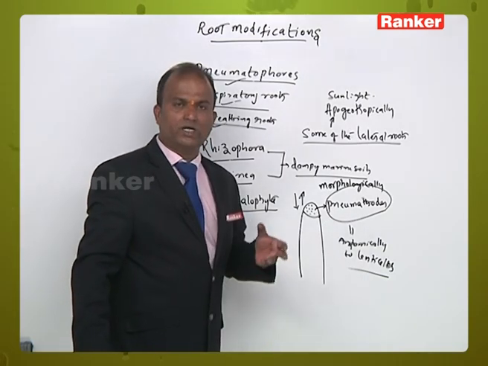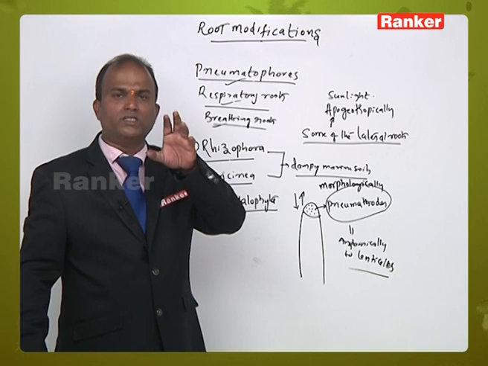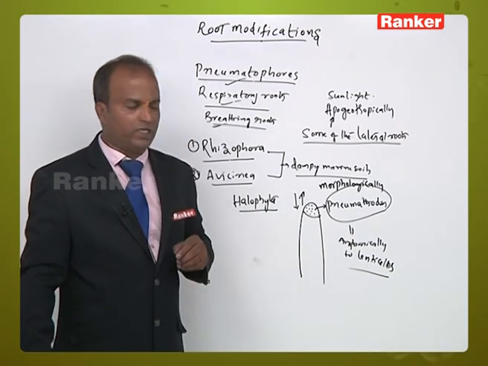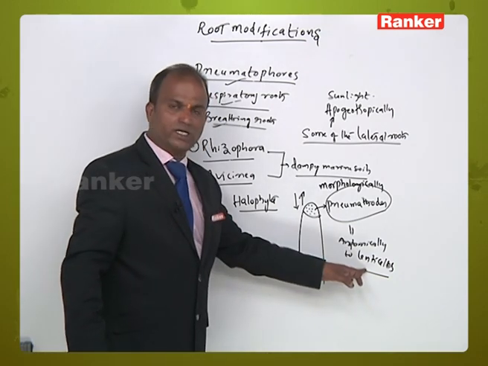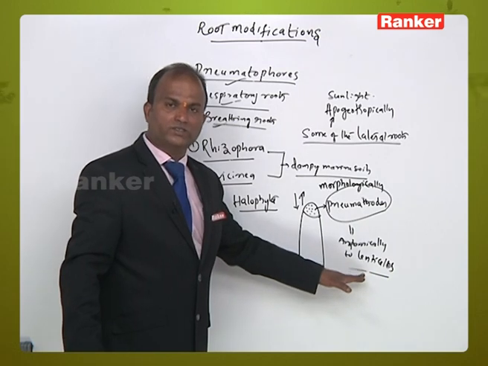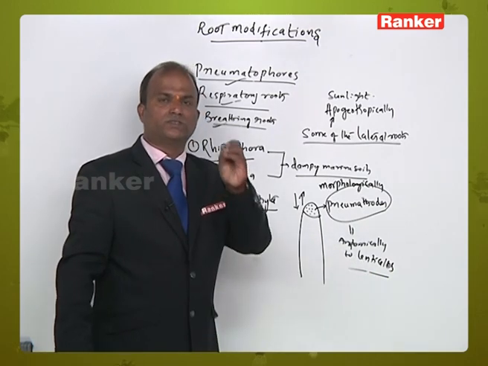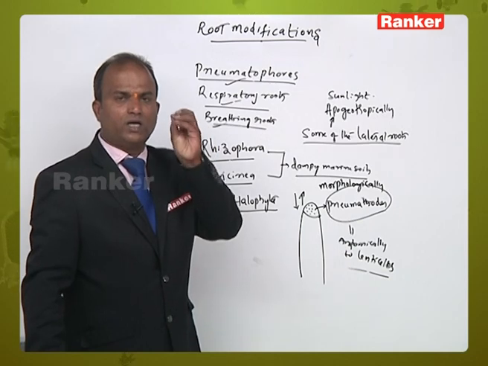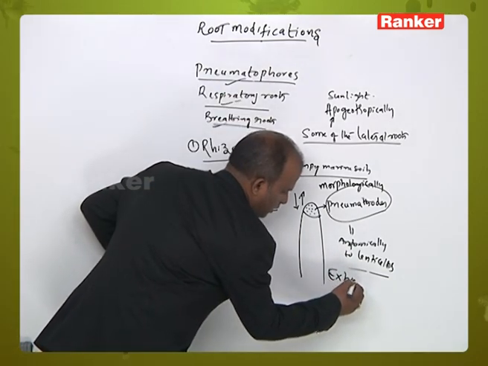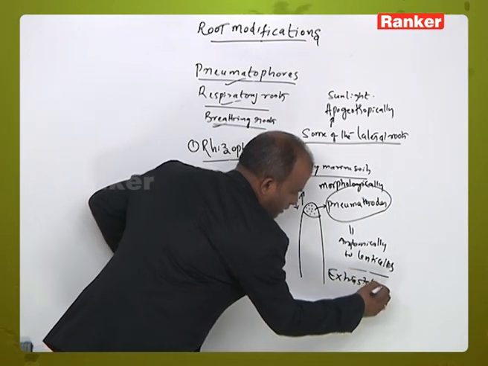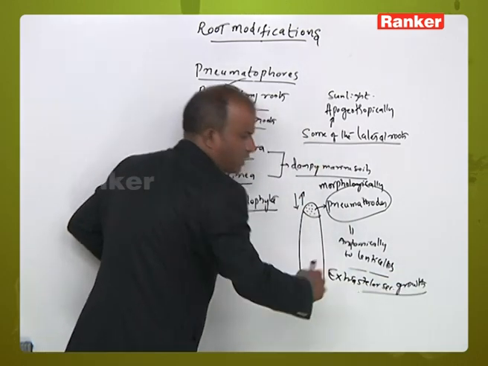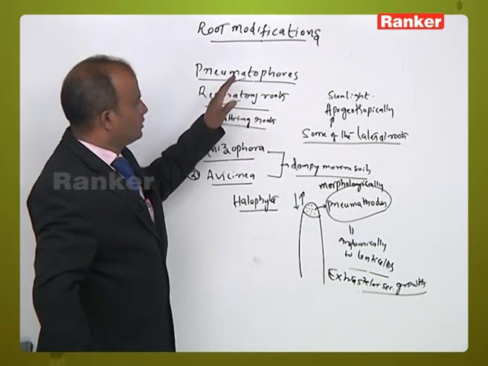Lenticels, as you already know, are studied during secondary growth. Which type of secondary growth? Extrastellar secondary growth. In extrastellar secondary growth, lenticels can be studied. That means it shows extrastellar secondary growth.